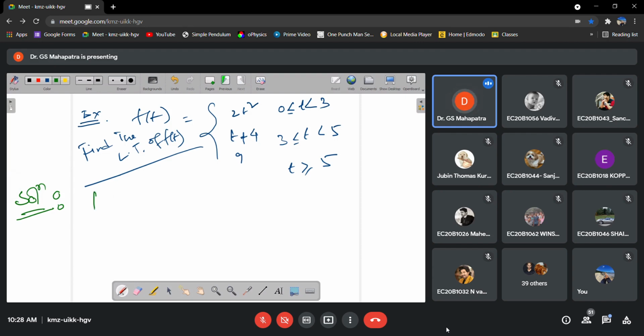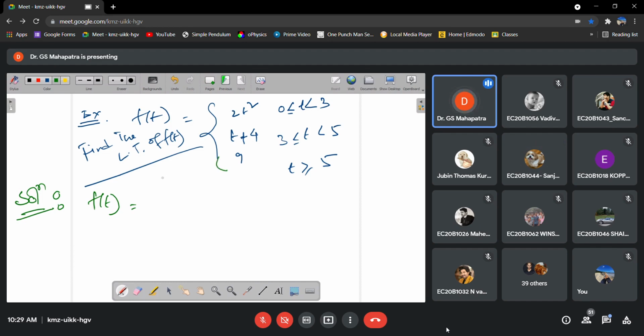Now, f of t we can write in terms of the Heaviside or unit step function. I'm waiting for your first response. What will be the answer? What is it in terms of Heaviside function?